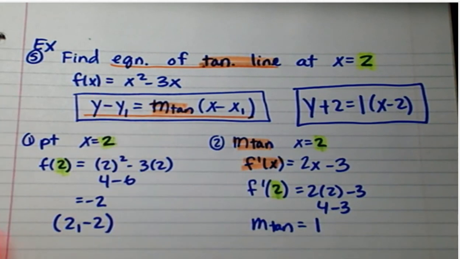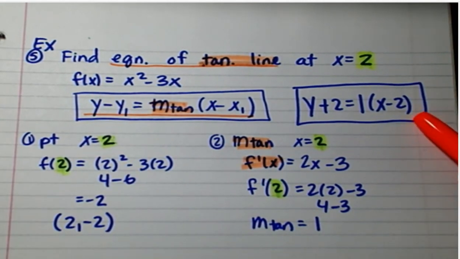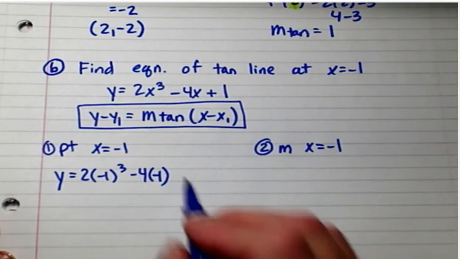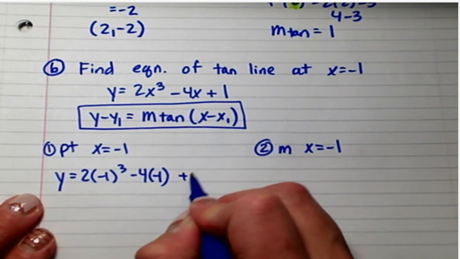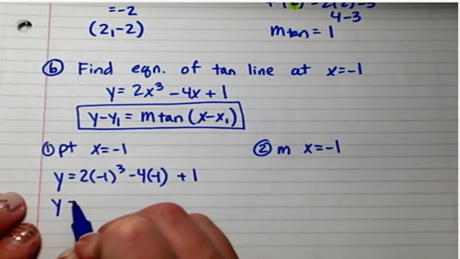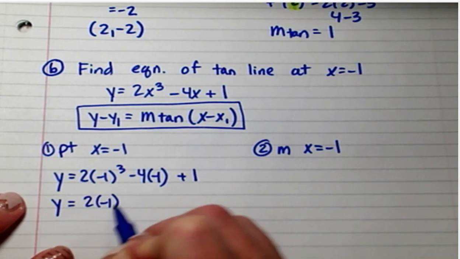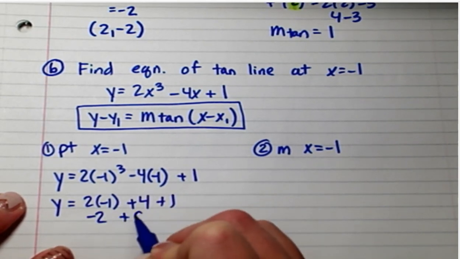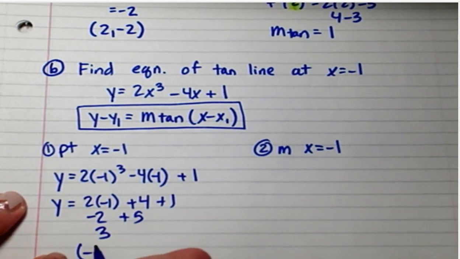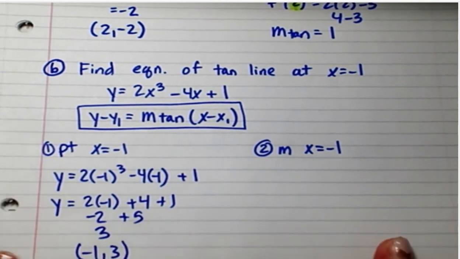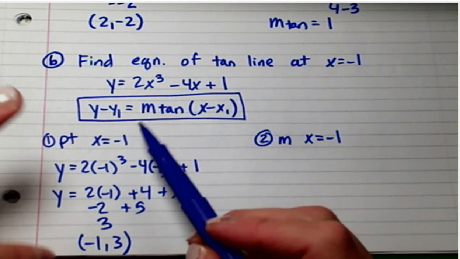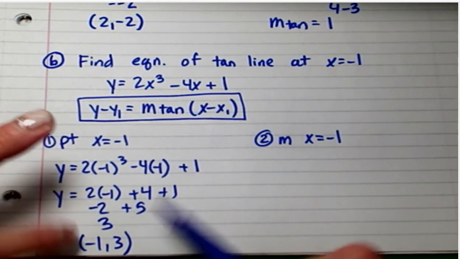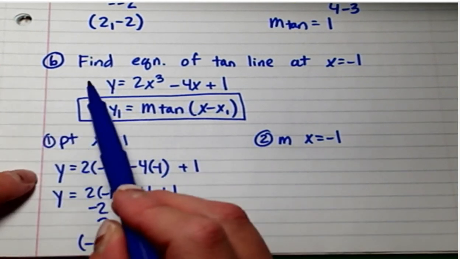The rest of this, finding a point and writing the equation, that's other stuff. Okay, so my point is -1, 3, because I plugged it in here to the original.